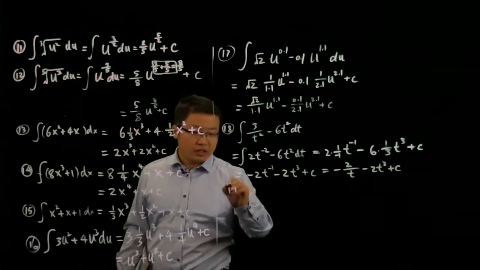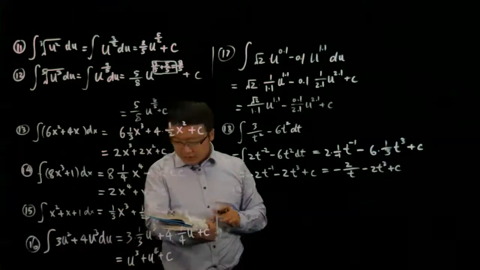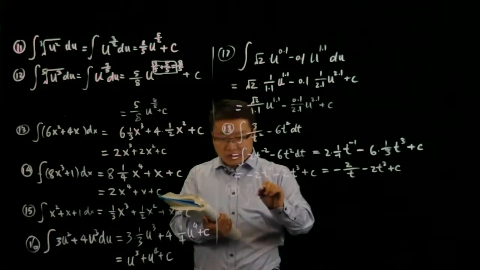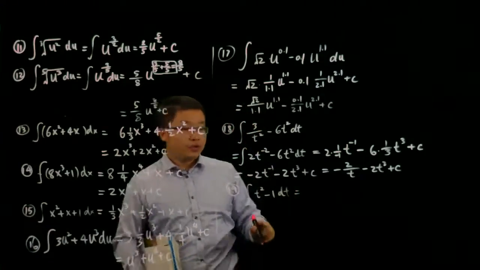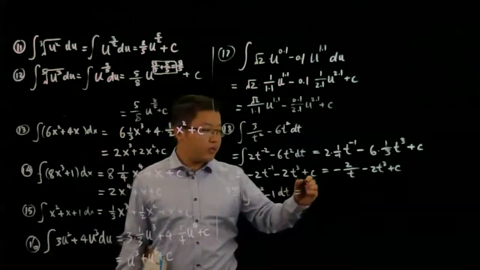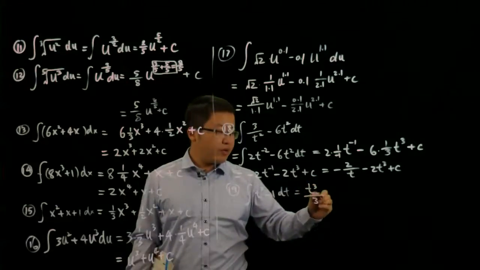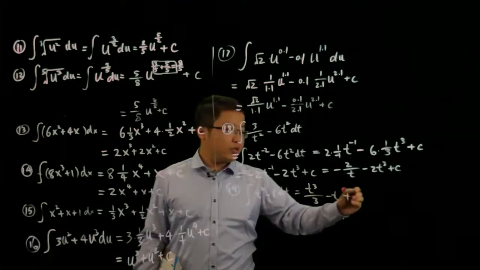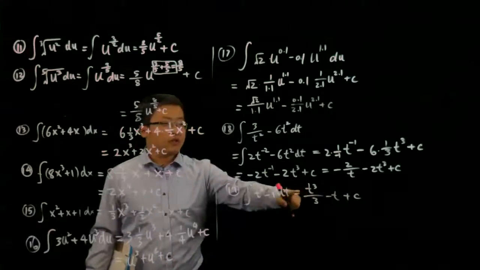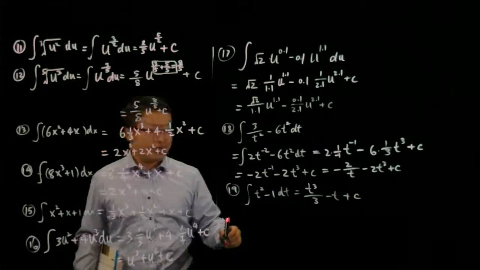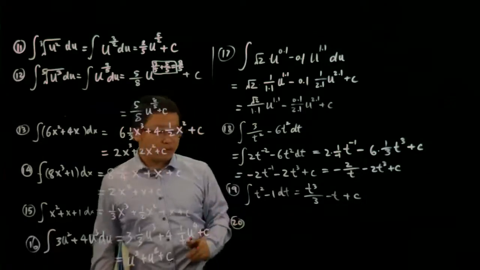And number 19, you get the integral of t squared minus 1 dt, and that will give you t to the third divided by 3 minus t, making sure to put plus c in there. This divided by 3 is really just 1/3 put to the front, so you can balance that t to the third.